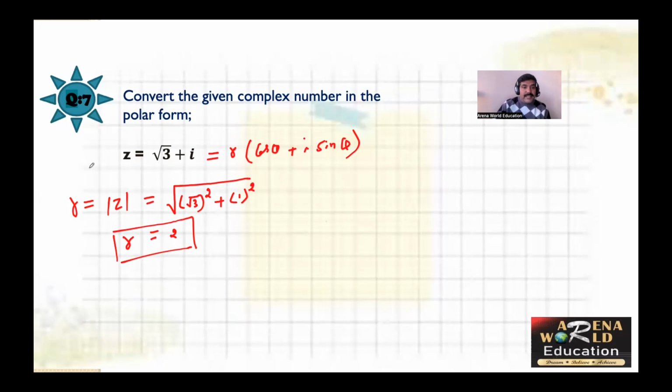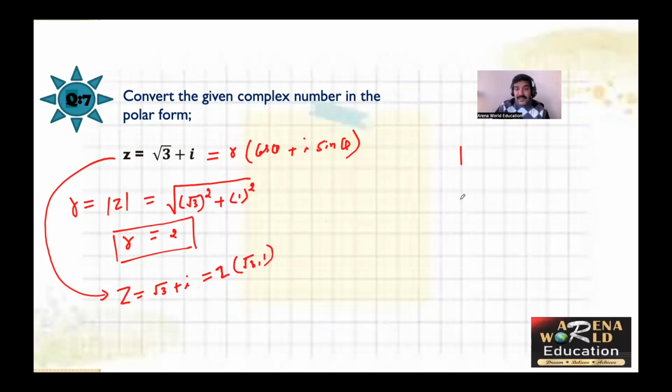Now what is the next step? Yes, we will represent the given complex number, under root 3 plus iota, in the form of a point. So point will be Z having coordinates under root 3 comma 1. What is the next step? Yes, quickly.